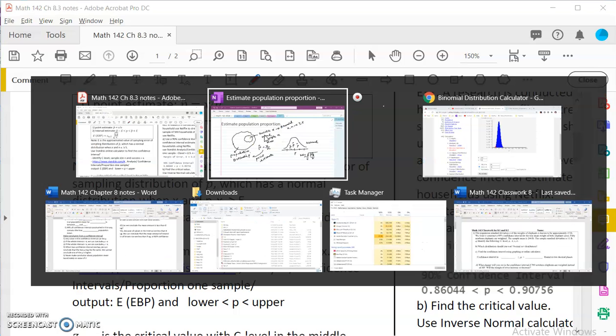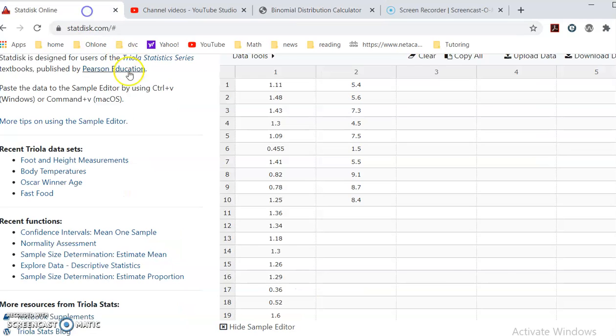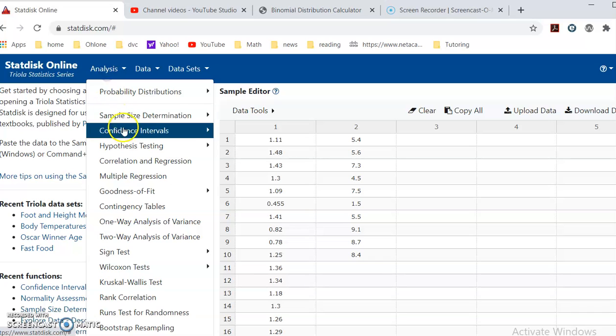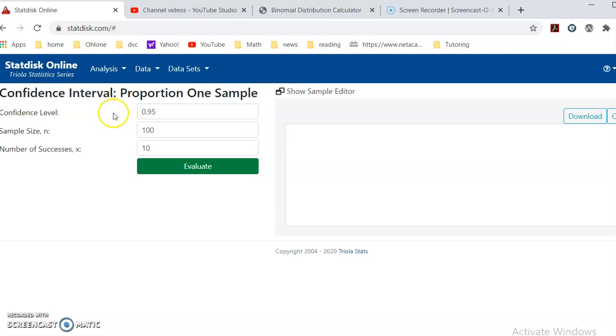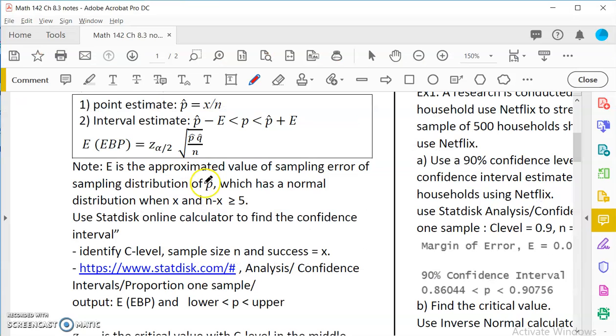You use Analysis, Confidence Interval, but you would say proportion, one sample. All you need to give is the confidence level, sample size, and the number of successes. They actually will calculate p hat for you. It's very clean because you are counting the number of x that belongs to a category. You just need to give the number of successes.